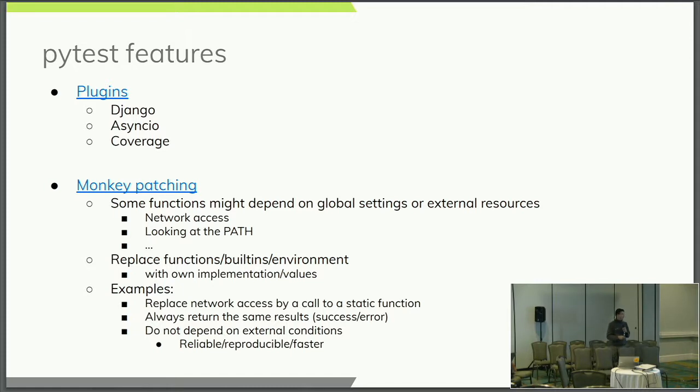Technically, you can replace any function, any built-in, any environment variable by your own function, your own value. That's really useful. As I said, you can replace network access by just a function call that will not do any network access. So it will always return the same results, a success or an error, and it will not depend on any external servers or anything.